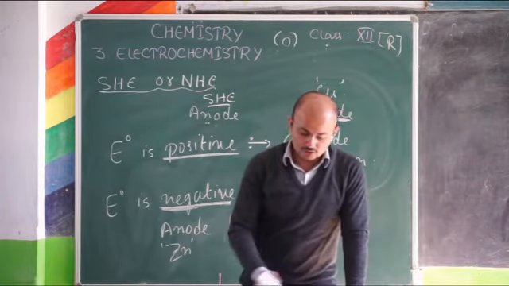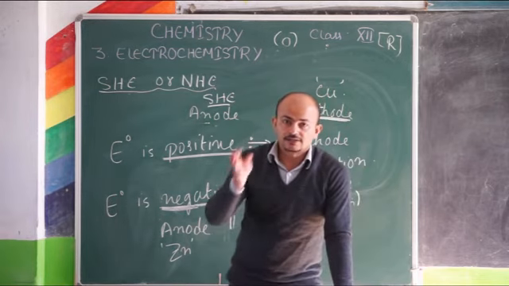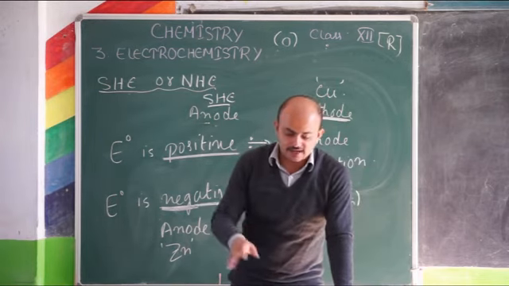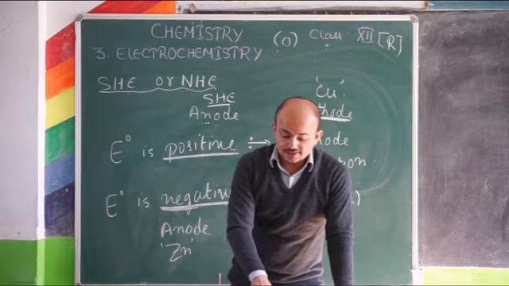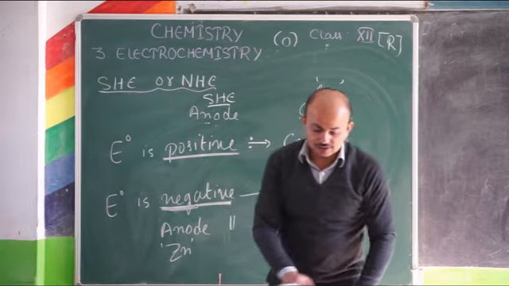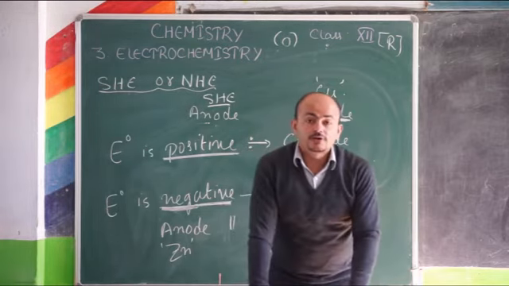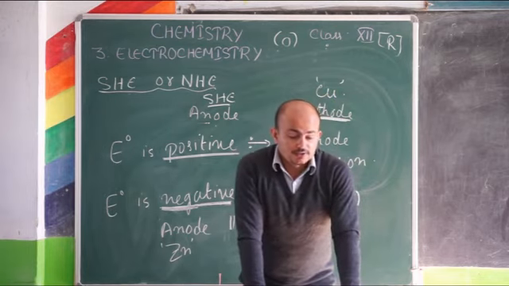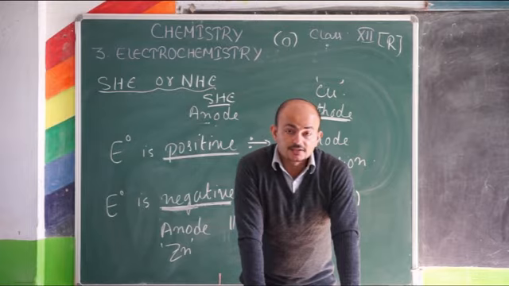Okay, so the standard EMF of a cell is what? It is the EMF of the cell when all the species are in standard states, or their activity is unity. You have to remember this one also. Now in your book, on page number 312, you have the standard electrode reduction potentials given for so many metals.